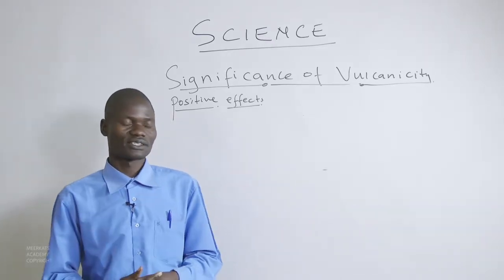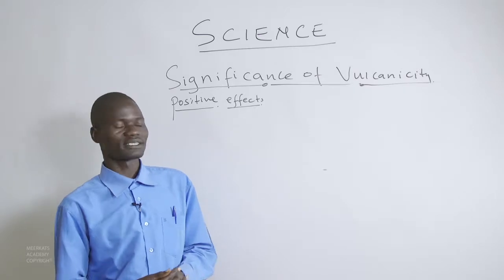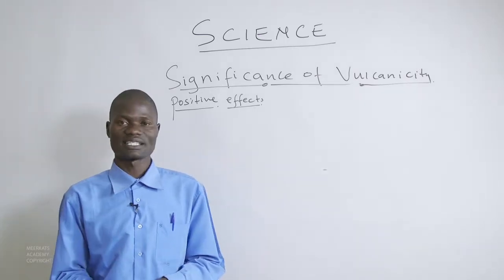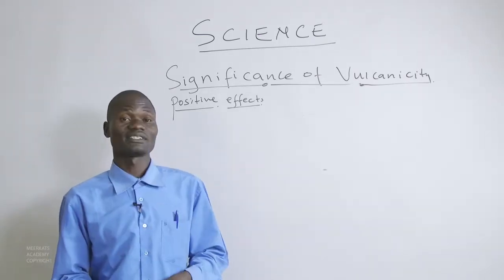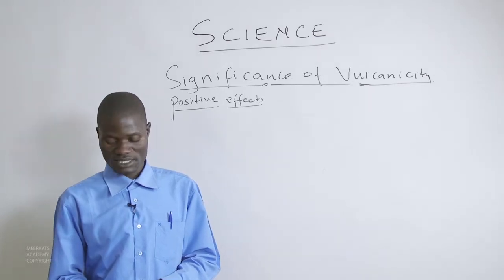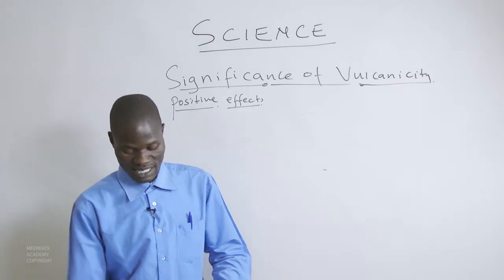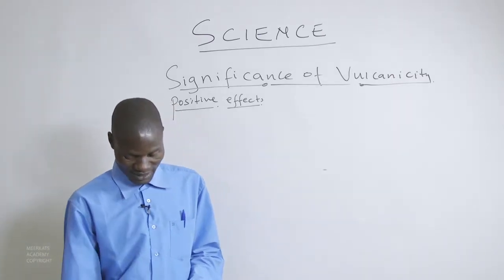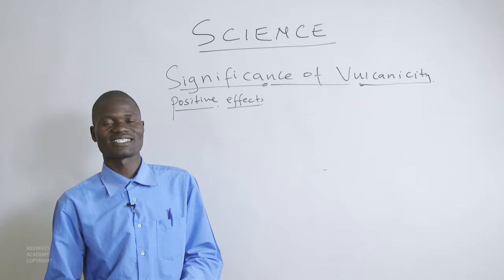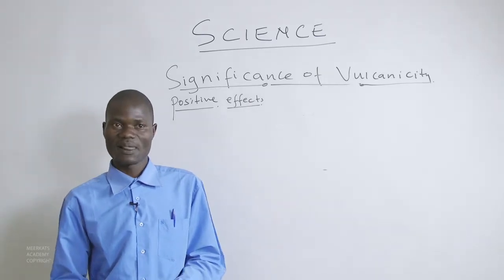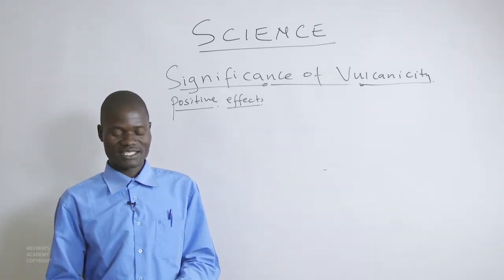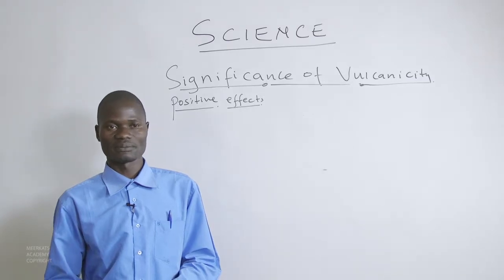In the previous lesson, we were looking at the significance of volcanicity after discovering the various effects or various landforms that are created on Earth's surface as a result of volcanicity. Perhaps there is some significance about them.